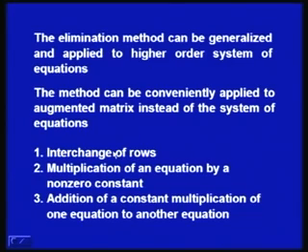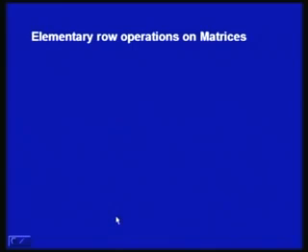These 3 types of operations may be used to obtain the solution of equations. After that we will introduce the elementary row operations on matrices. The idea is we will not be using these operations on the system of equations, rather we will be using these operations on the augmented matrix and we will get the solution.